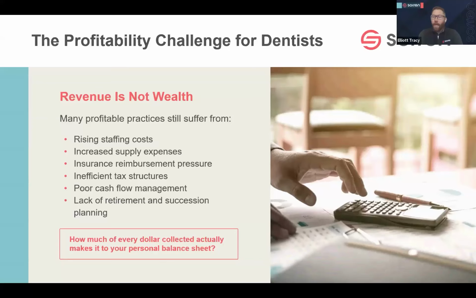Right now in our current market, we're seeing rising staffing costs, increased supply expenses, insurance reimbursement pressures, inefficiencies of tax structures, and really poor cash flow management being one of the major pieces. As you can see on this slide, revenue is not wealth. You can do two, three, four, $5 million in revenue and still see a very minimal bottom line and net cash flow for a number of different reasons.